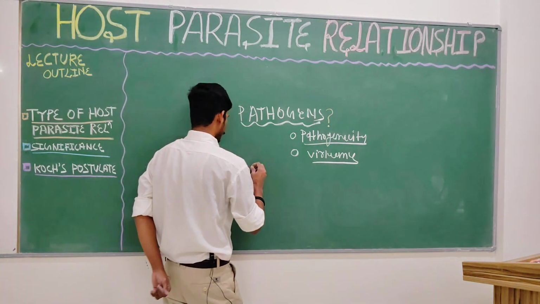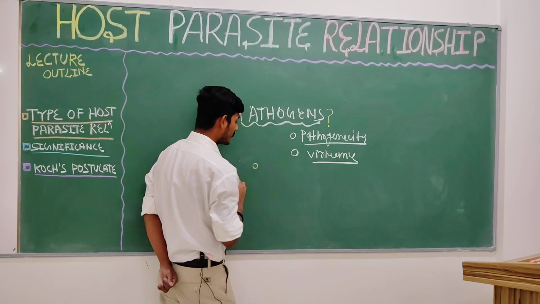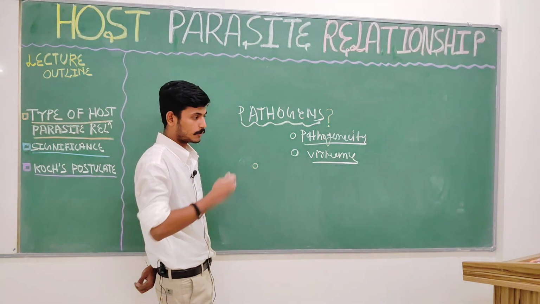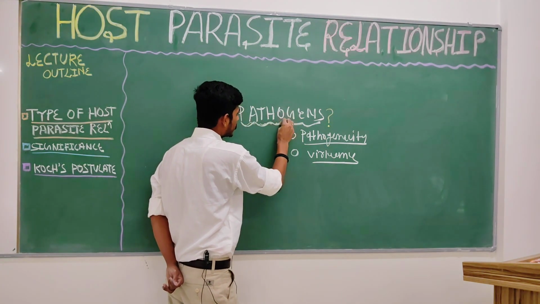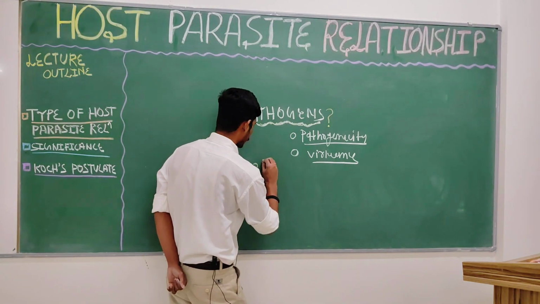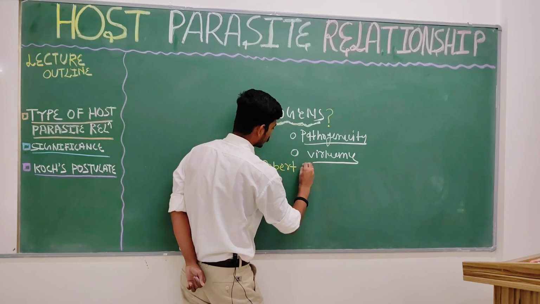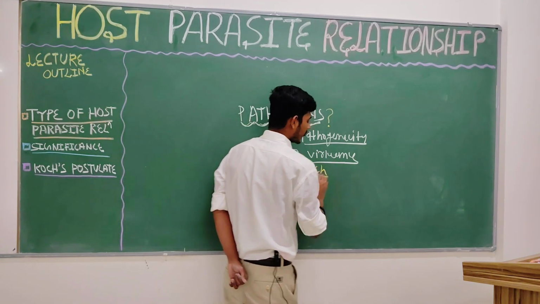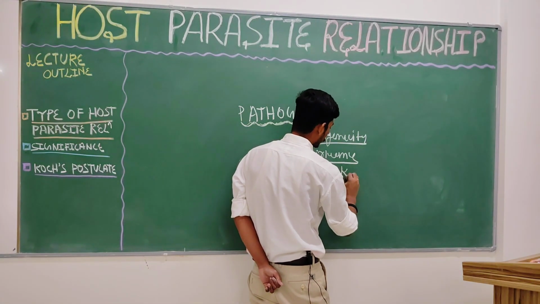One of the scientists who provided the criteria to establish the judgment about the pathogen is called Robert Koch. He gave postulates, called the Koch postulates.